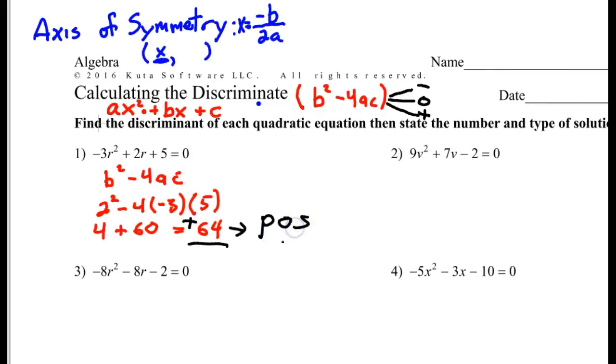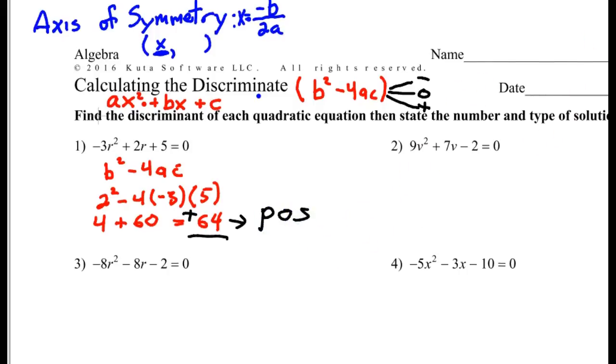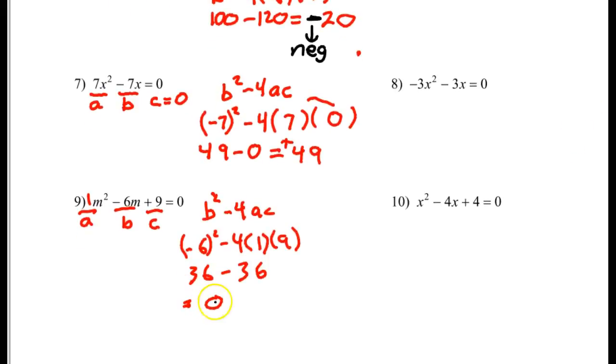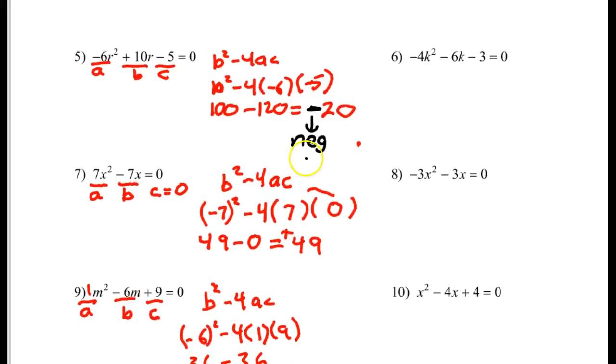Same thing down here, the negative 20. The 20 doesn't really mean anything. It's the fact that it's negative. That's what we're looking at, and that's what the answer is. And down here, when you have a 0, that's what's important. So without graphing it, I can tell just by calculating the discriminant how many solutions there are.